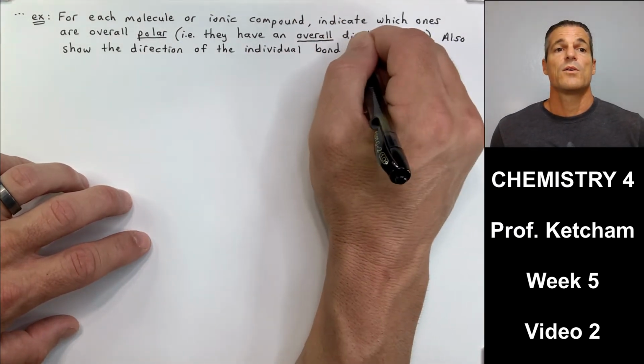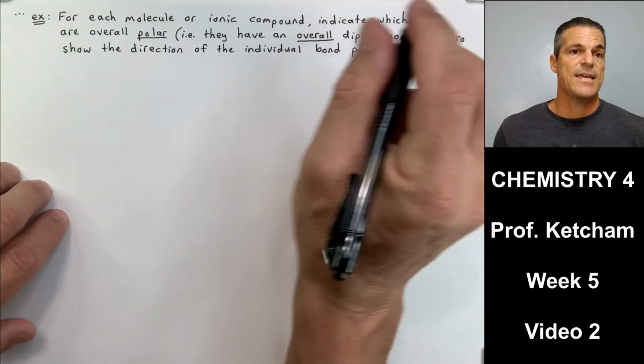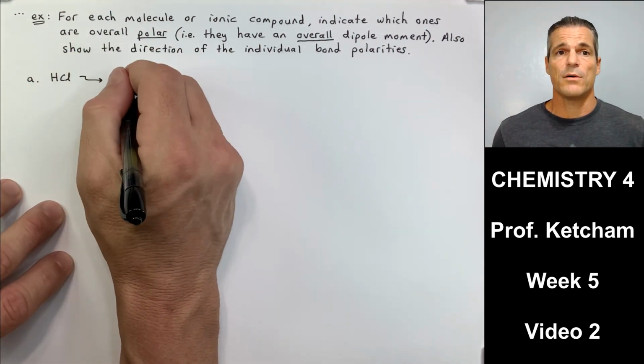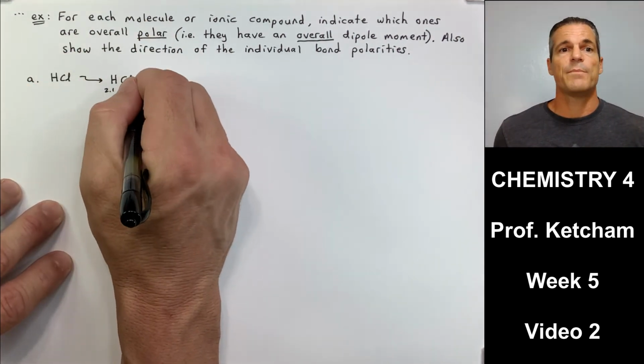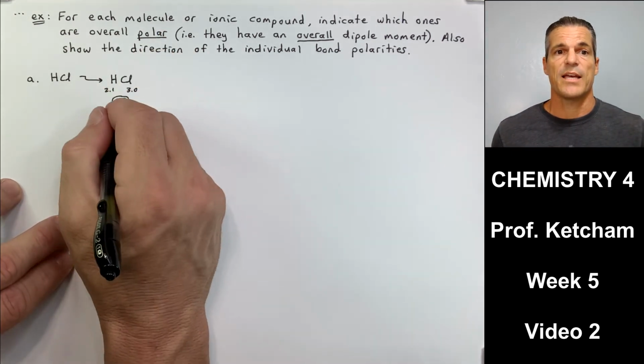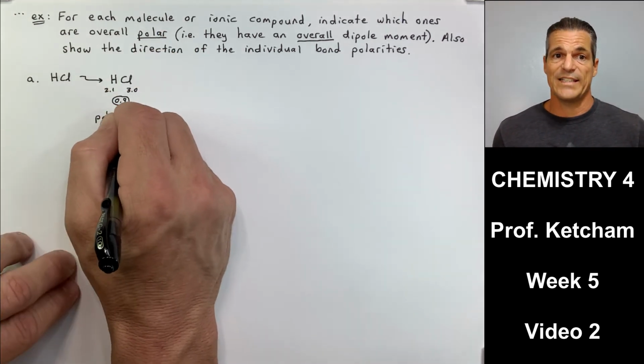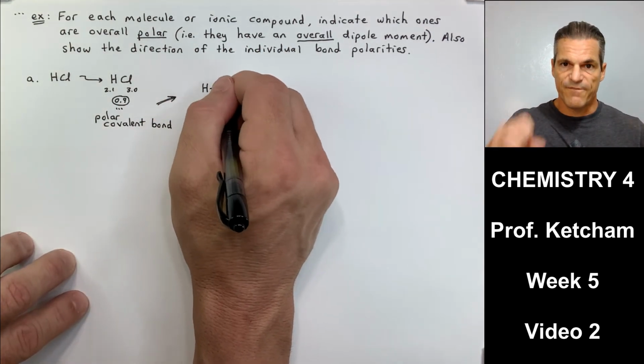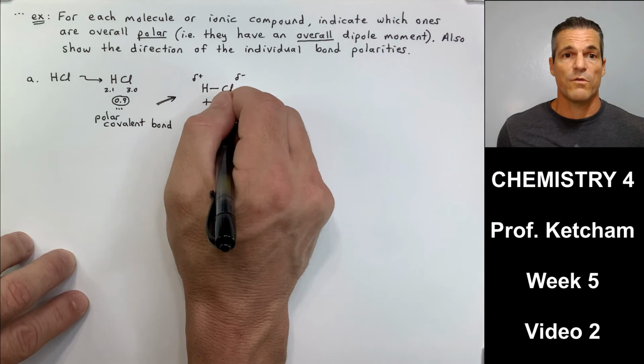All right, so the first one is A, HCl. Now, HCl we've seen before. We're going to start off very slow. So H and Cl, I look up the electronegativities in this particular case. The difference is 0.9. So HCl, remember that chart I had? 0.9 fits right in there at polar covalent bond.